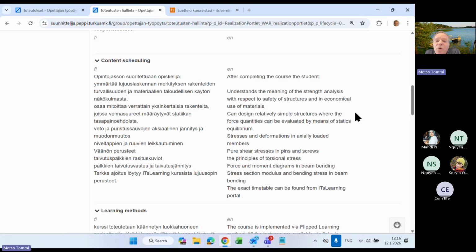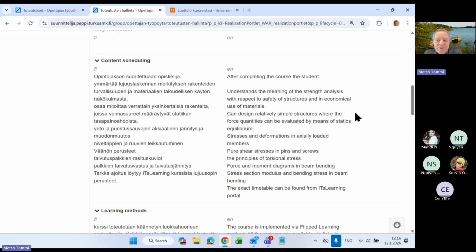aim for this course? For students to understand the meaning of strength analysis with respect to safety and structures and in economical use of material. Also, to be able to design relatively simple structures where the force quantities can be evaluated by means of static equilibrium.